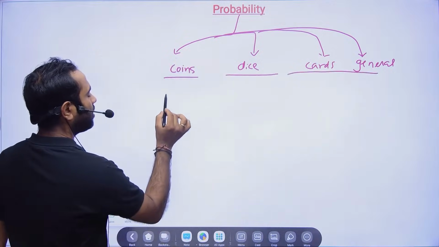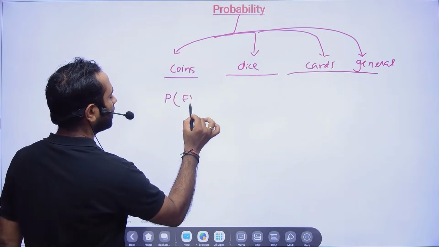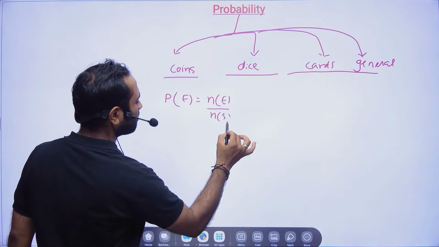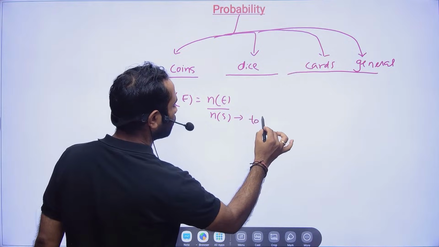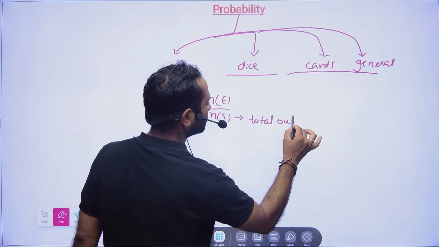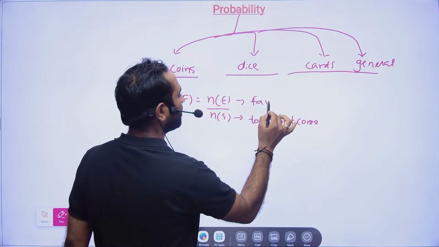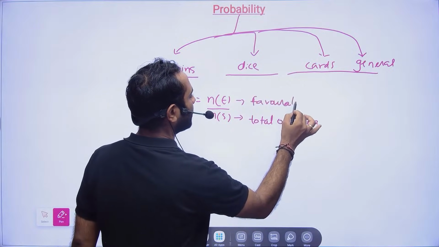Now here, friends, probability will be equal to NE by NS. So what is NE by NS? In a very simple way, we will say NS is the total outcomes and NE is the favorable outcomes.